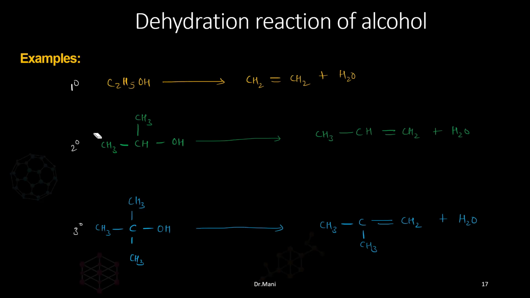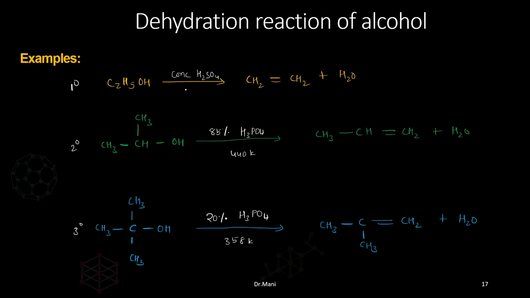Now see the catalysts, how they are. For this, 20% H3PO4 and 358 Kelvin. For this, 85% H3PO4 at 440 Kelvin. And for this, you need 100% and a stronger catalyst than this, so concentrated sulfuric acid and 443 Kelvin.